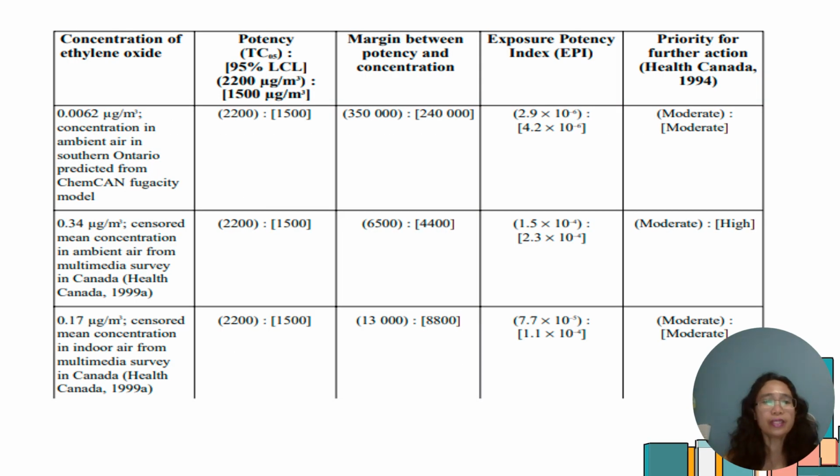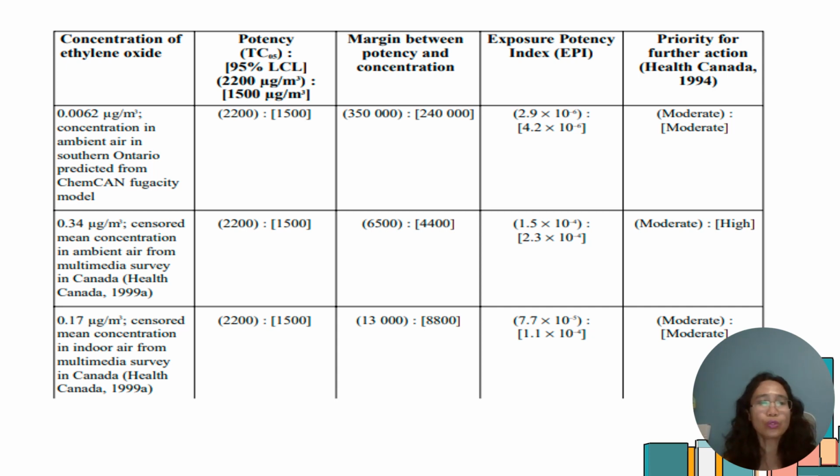So as you can see in this chart, there is the concentration of ethylene oxide, potency, margin between potency and concentration, exposure potency index, and priority for further action, Health Canada 1994. The first row is 0.0062 µg per cubic meter concentration in the ambient air in southern Ontario, predicted from the CAD fugacity model.